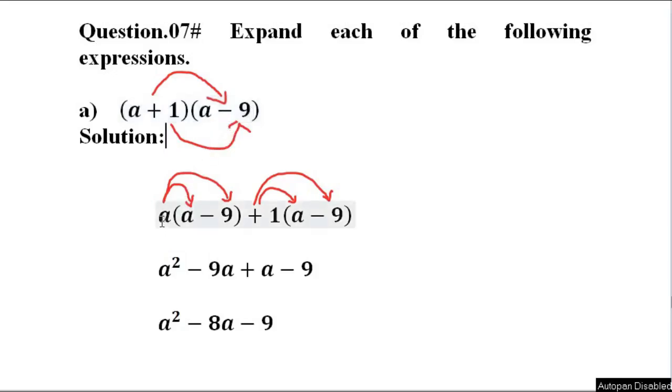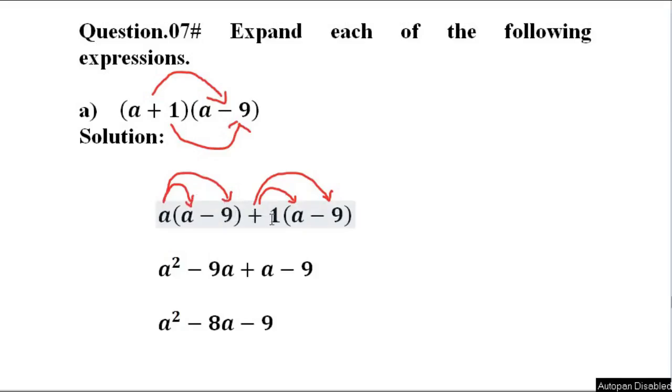We have positive a times positive a, negative 9, and positive 1 times positive a, negative 9. Now using the distributive property, I'm going to distribute the positive a to the positive a and then to the negative 9.